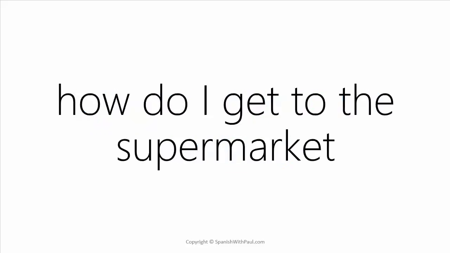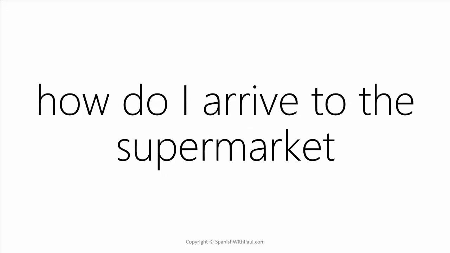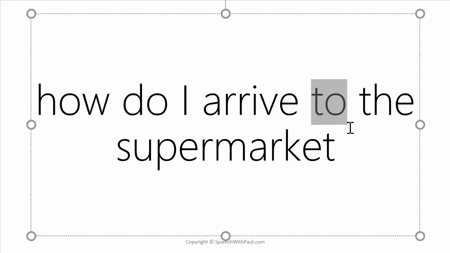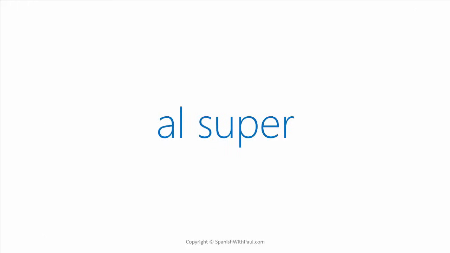Another example would be, how do I get to the supermarket? Meaning in Spanish, how do I arrive to the supermarket? Now, to the supermarket would be al super. They simply shorten supermarket to super, al super.